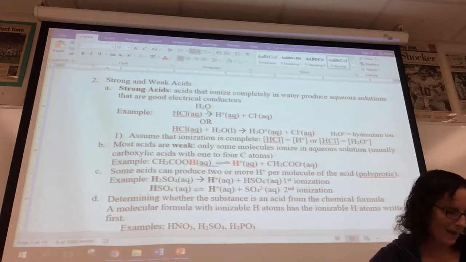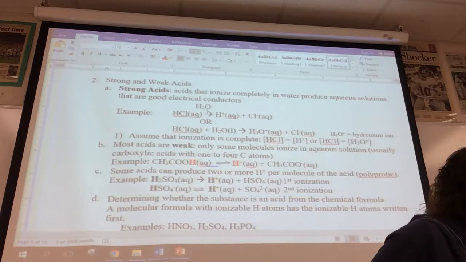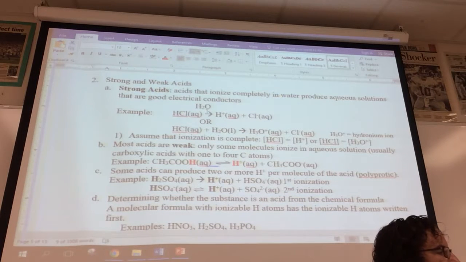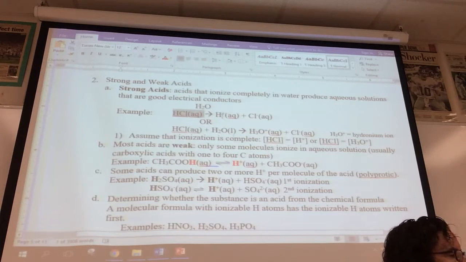So strong acids ionize completely, and they are excellent conductors of electricity. They will illuminate that light bulb. With a strong acid such as hydrochloric acid, you will only show the forward arrow. It ionizes completely such that whatever the concentration of the acid is, that's the concentration of the proton, and you could determine the pH in that regard.